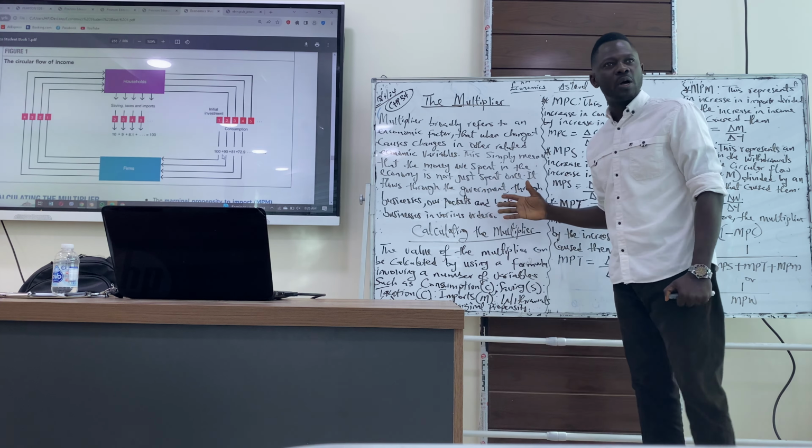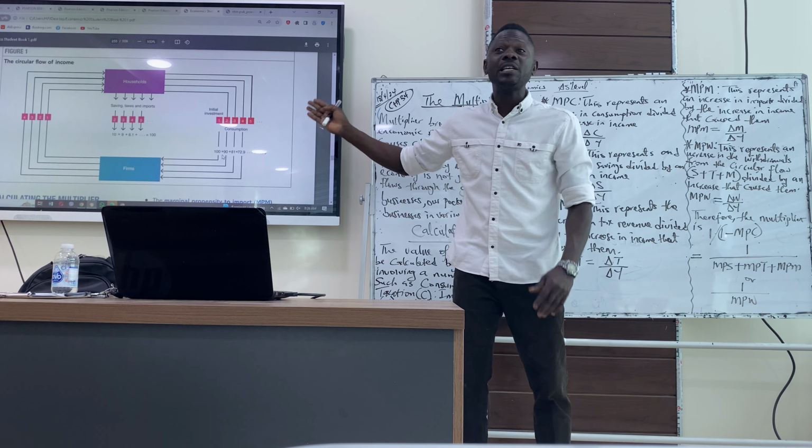So as soon as your level of income changes, your withdrawal level increases. So you are taking what? Maybe you have to pay tax, maybe you have to buy some foreign products, or you want to go on tourism. These are imports of services and imports of goods. When you spend on these things, they are out of the circular flow of income. So it's not part of our economy anymore. They are withdrawals. So it means we are talking about an open economy, not a closed economy.